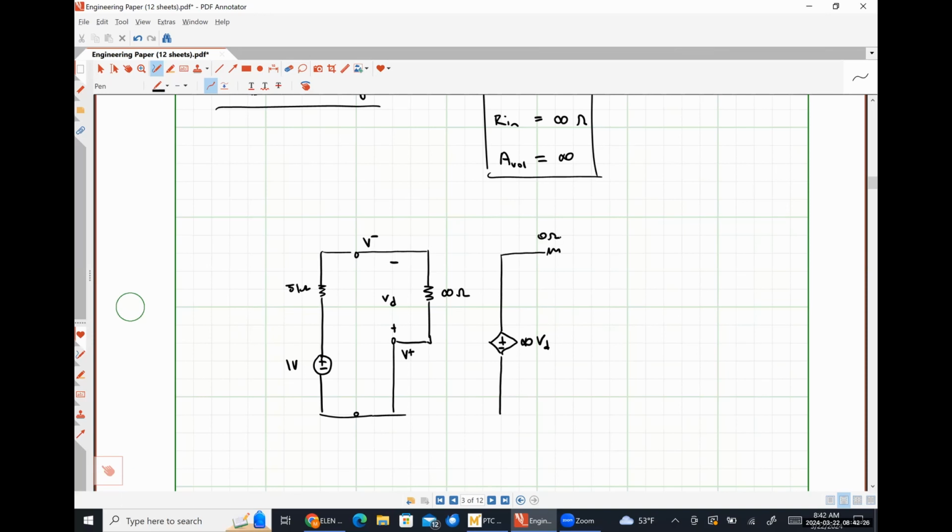Here we have a 0 ohm resistor. Here we have our 10 kilo ohm resistor.